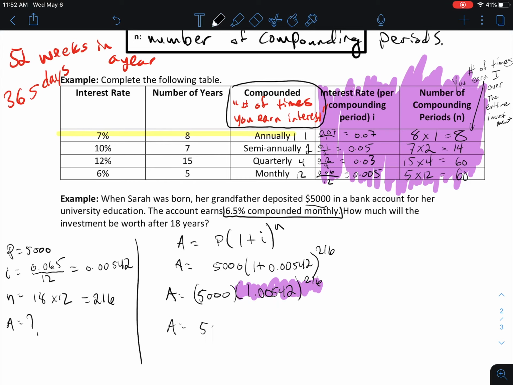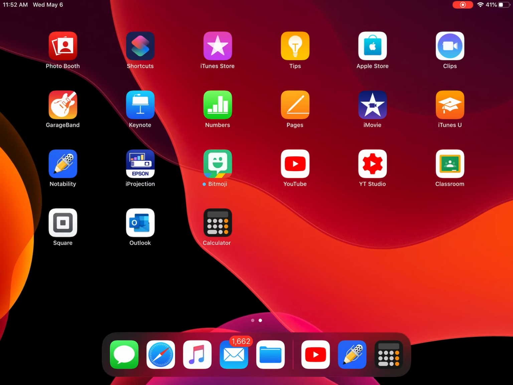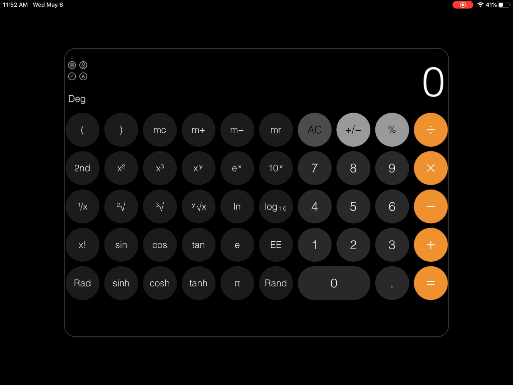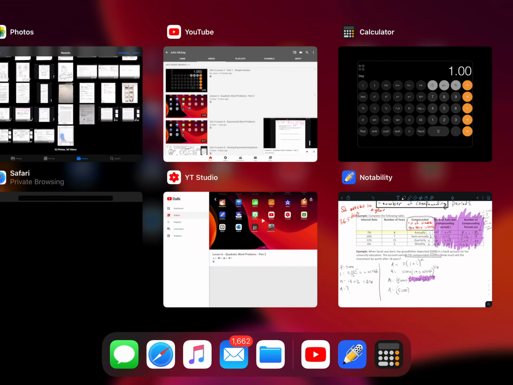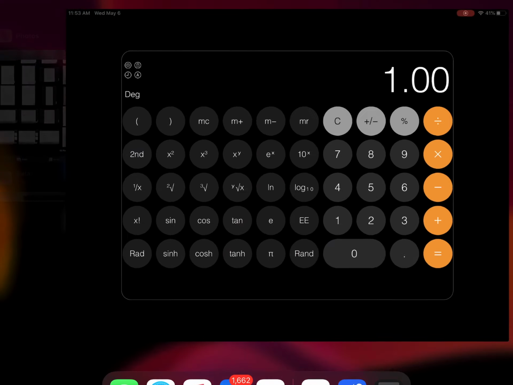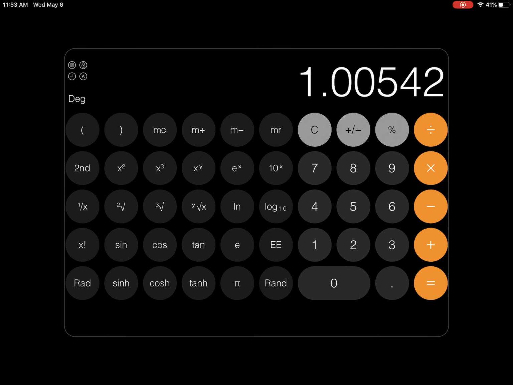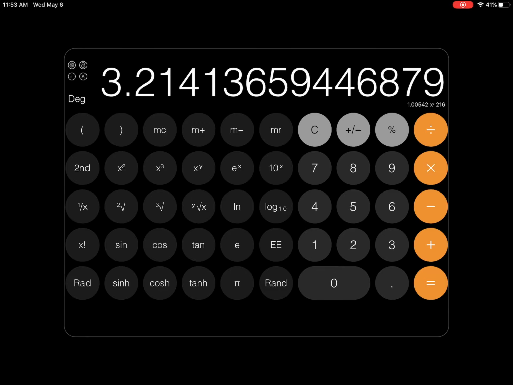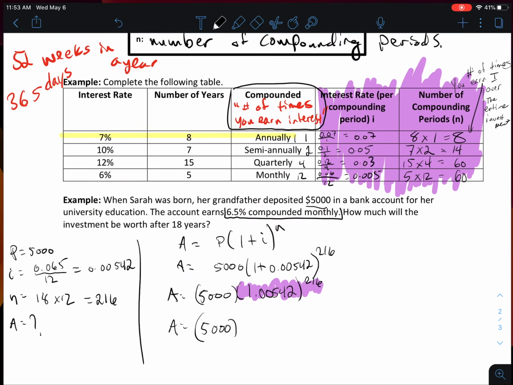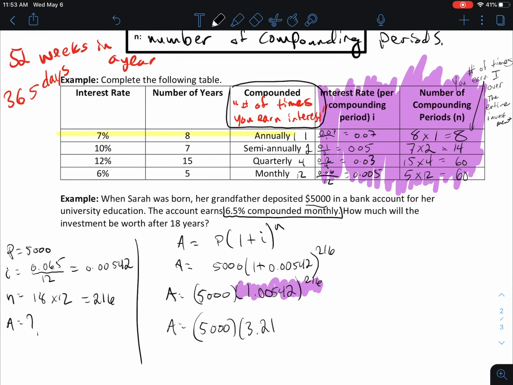So I have to take care of this piece. This is how this question works. You remember exponentials. I got to take care of this and then multiply by 5,000. So A is going to be equal to 5,000 multiplied by whatever that number comes out to be. So I'm going to go 1.00542, and that's going to be raised to the exponent of 216.